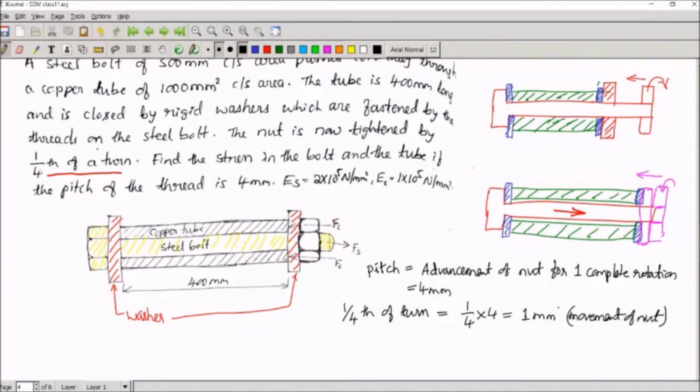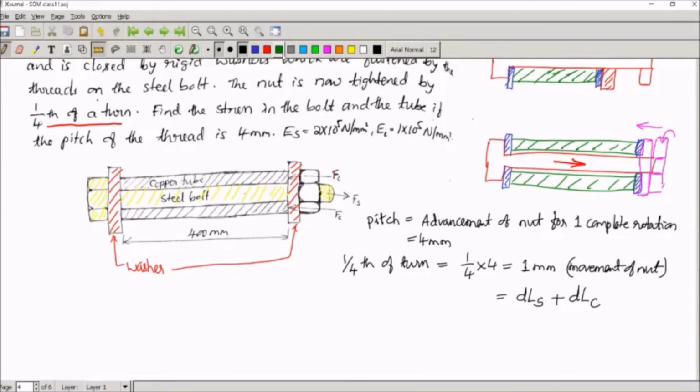But this total movement is nothing but the dl of the steel portion plus the dl of the copper portion. I'll show one end of the copper tube like this. Copper tube I'm writing here, and at the center, I'll show the steel bolt portion. This is the initial position of the copper tube and steel bolt. I'm just enlarging this portion and showing it here. Once you tighten the nut by 1/4 rotation, the bolt will extend like this.